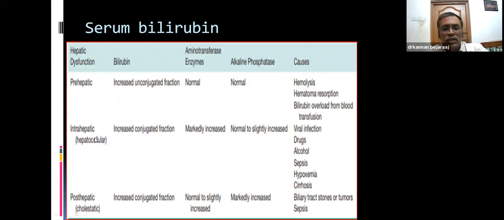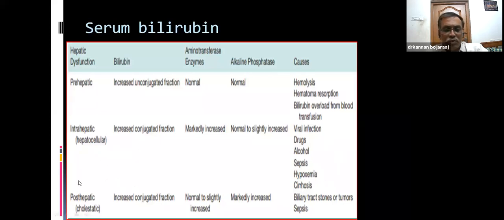But in hepatocellular problems, the conjugated portion of the bilirubin is markedly increased. That is due to all that I have said earlier: viral infection, drugs or alcohol, sepsis, hypoxemia, cirrhosis, whatever it may be.